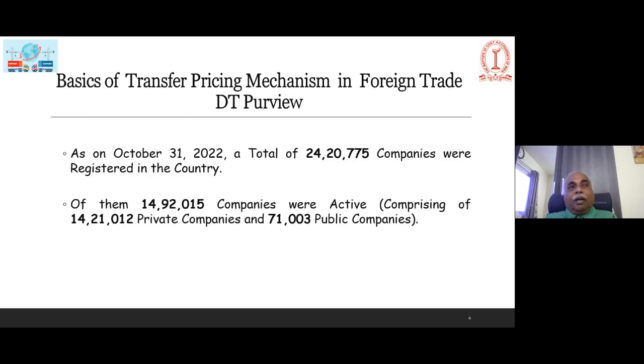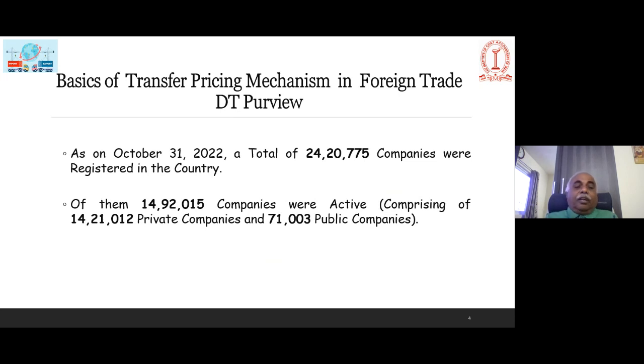If you see the companies, the corporates registered with the Ministry of Corporate Affairs, as on 31st October 2022 a total of 24 lakh 20,775 companies are registered. Out of that, some are active and some inactive.